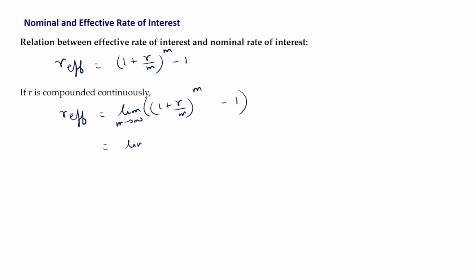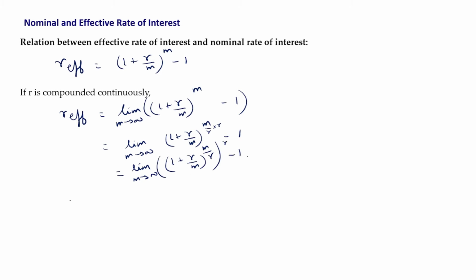or this is equal to the limit as m tends to infinity of (1 + R/m)^m minus the limit as m tends to infinity of 1, which is 1 itself. Here I am multiplying and dividing by R, so we have the limit as m tends to infinity of [(1 + R/m)^(m/R)]^R minus 1.